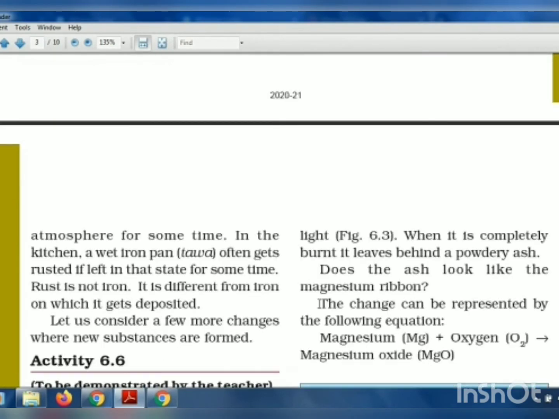In the kitchen, a wet iron pan often gets rusted if left in that state for some time. Rust is not iron, it is different from iron, on which it gets deposited. So rust is not any type of iron, it is some other material which gets deposited on that iron material.